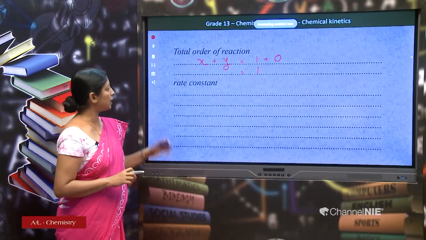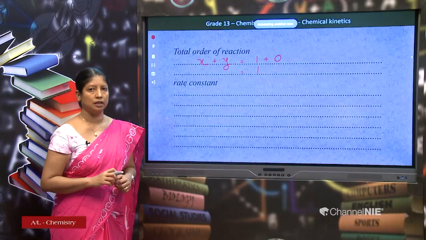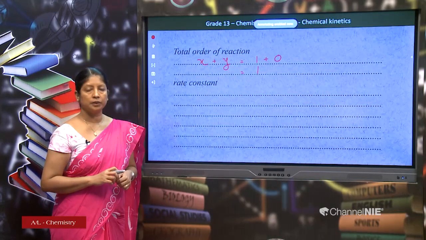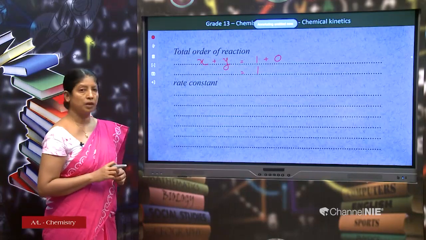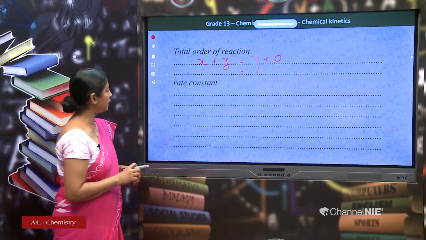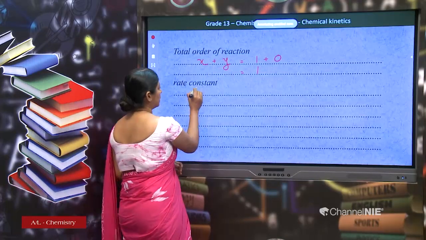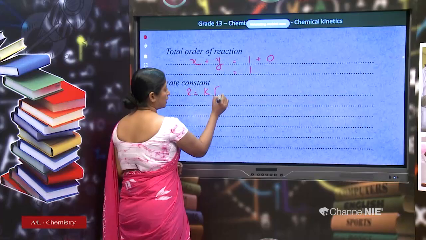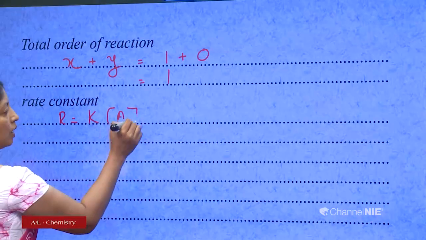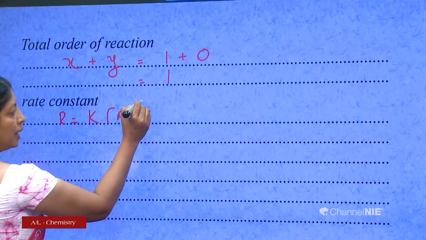Now, fourth part, we are asked to calculate rate constant. To calculate rate constant, you can consider any of the given information. I will consider the first one because it is the easiest one. So, then our rate expression was R equals K, concentration of A, order with respect to A is 1.